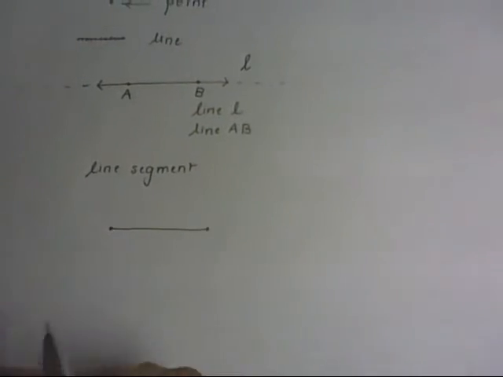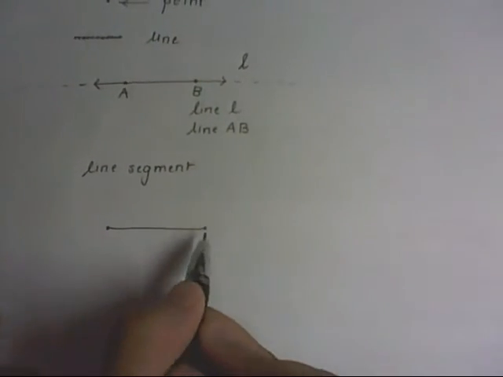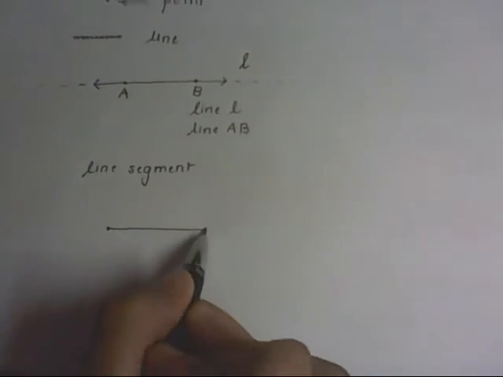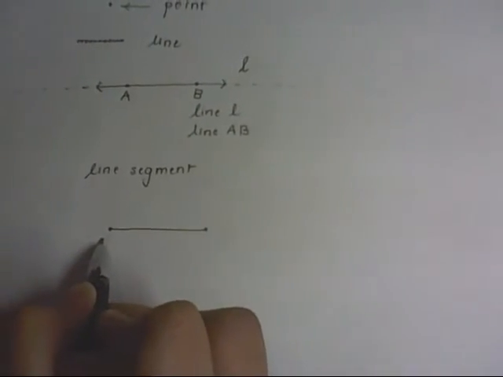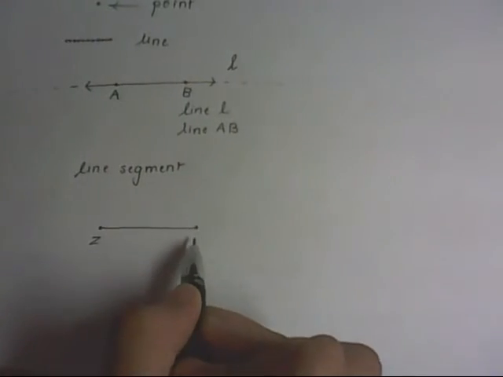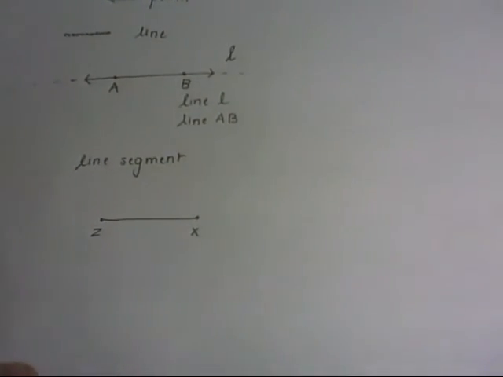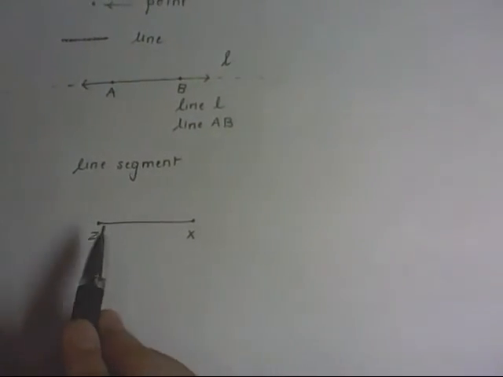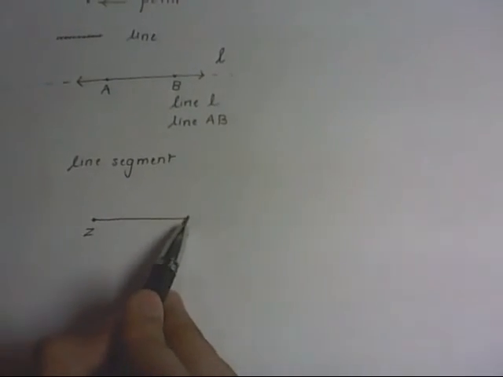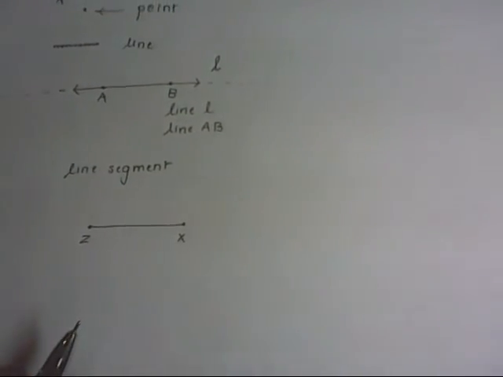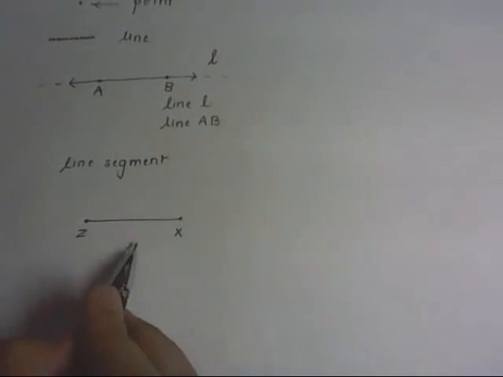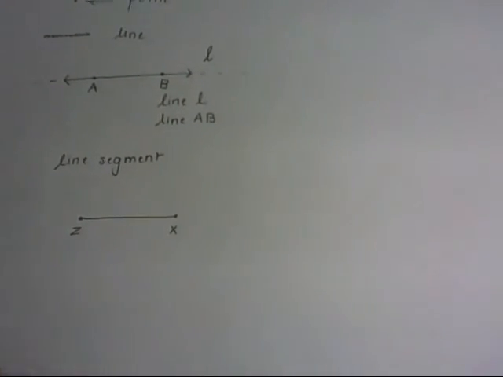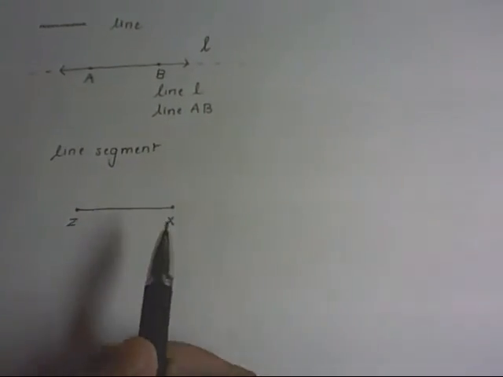So, considering this line segment, it is restricted between these 2 points shown here. Let us consider this point as Z and this point as X. So this line is restricted between the point Z and X. We cannot extend this line further. So this becomes our segment. Segment cannot be extended further. It is restricted between 2 points.